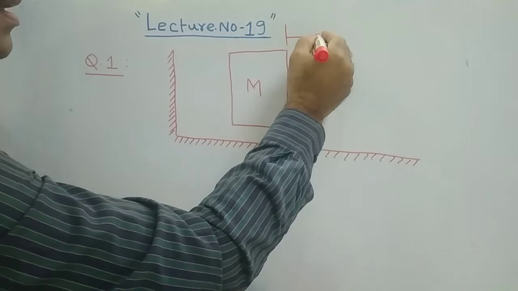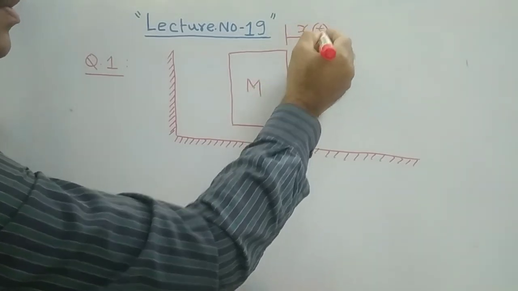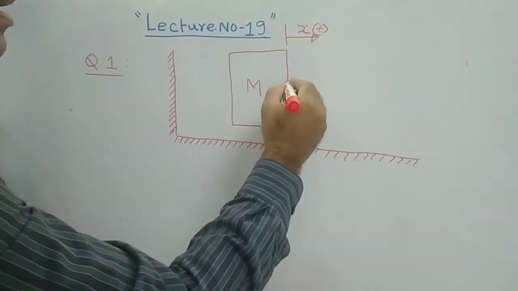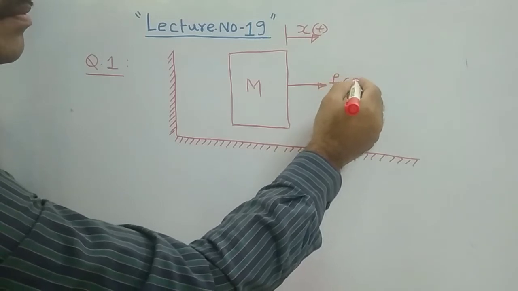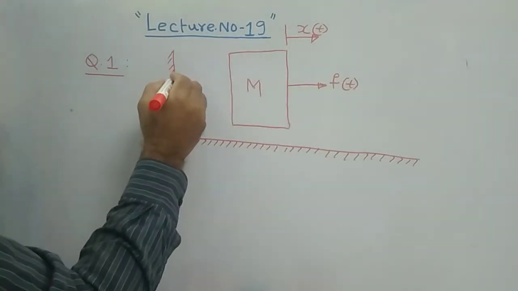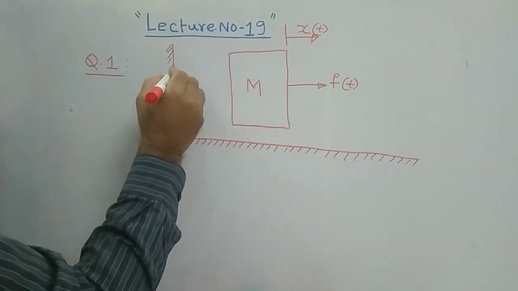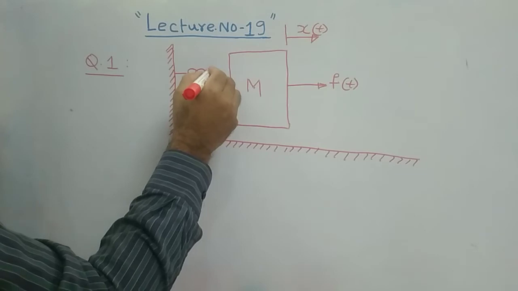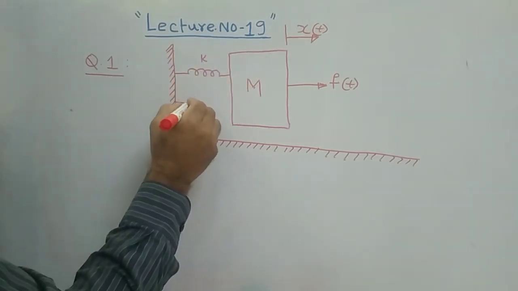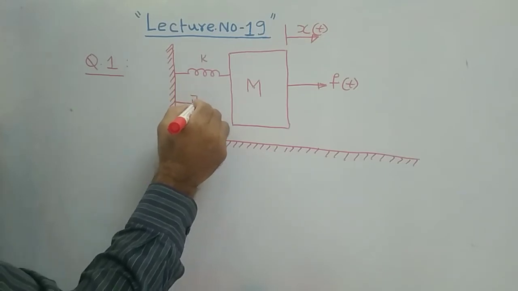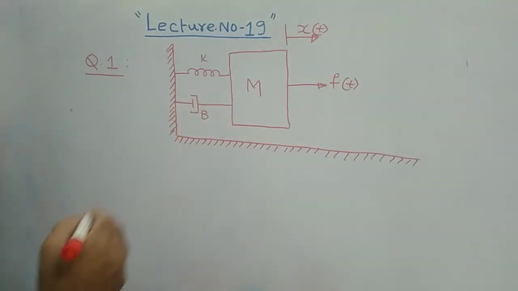Let us say it is given x, or sometimes they will give you x of t, and force f of t is given like this. Between this reference line and the mass, a spring is connected like this, it is k, and this is also called b, nothing but your dashpot element.